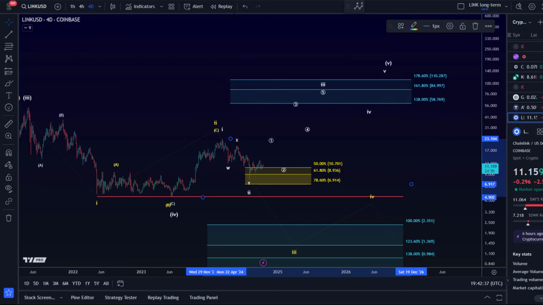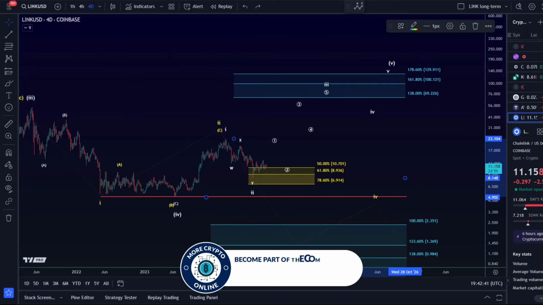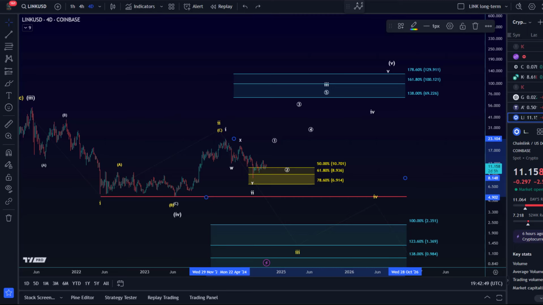It's based on mathematics, so I'm not making those rules, unfortunately. Last time I did that, some people were surprised that I adjusted the targets. I had to, because the next wave is measured based on the low of the previous one.